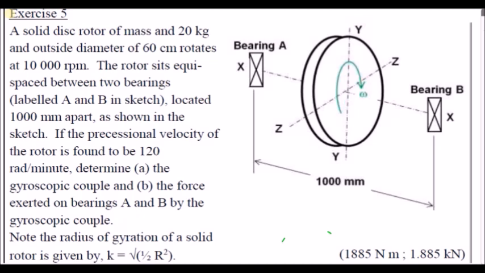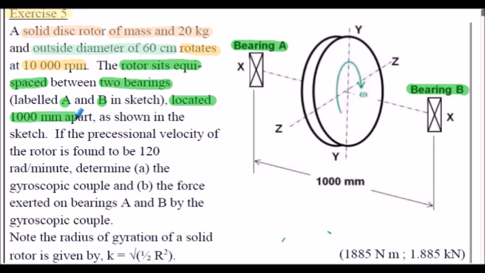Exercise 5. A solid disc rotor, shown in the sketch here, of mass 20 kilograms and outside diameter 60 centimeters, rotates at 10,000 revs per minute. The rotor sits equispaced between two bearings, labelled A and B in the sketch, and these bearings are located 1,000 millimeters apart, shown here.